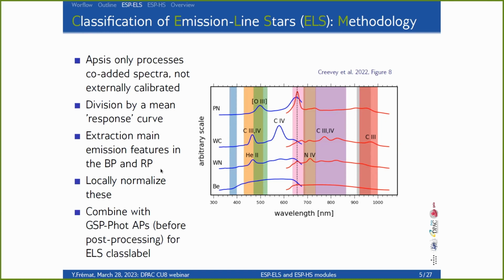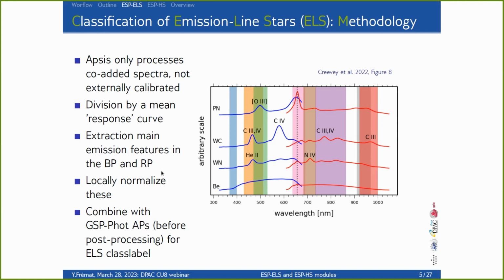The goal being, since the classification is based on a series of random forest classifiers that need to be trained on observed data. So in the case of emission line stars, we need to use observed data, and we are lacking some reference spectra to train the random forest on.